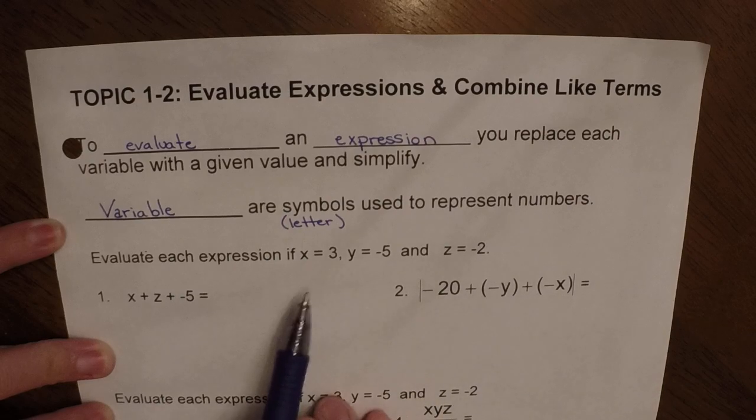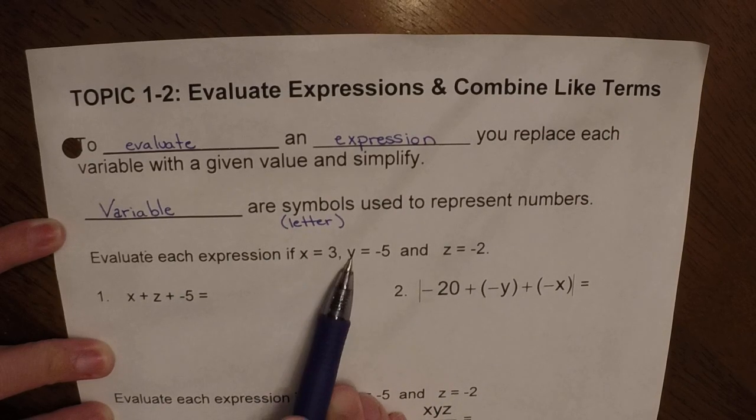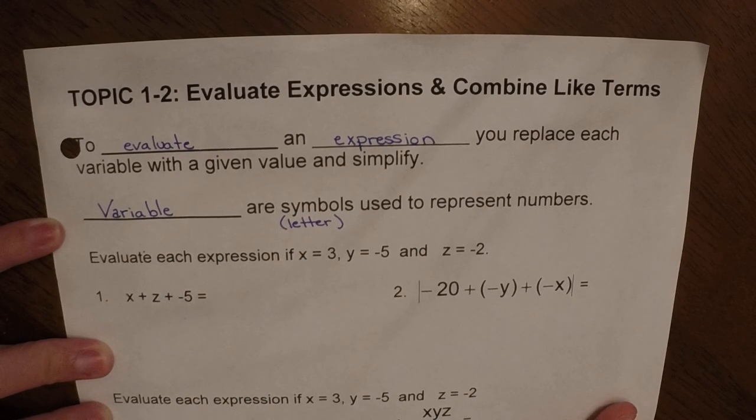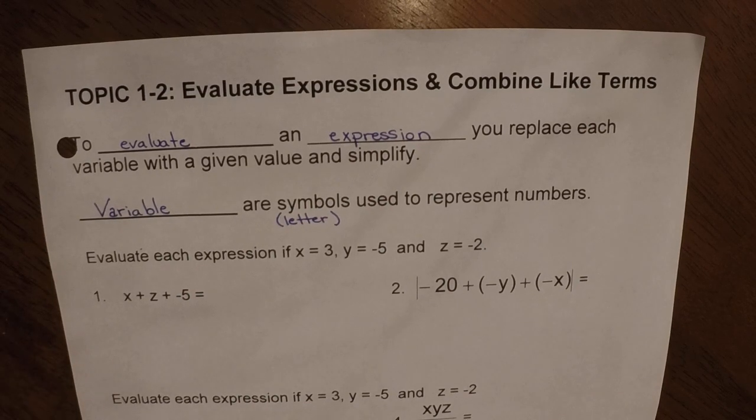But most commonly, we have x, y, z. You could have p or g or l or any letter of the alphabet, and that's considered a variable, something that could change, and it's used to represent a number. So let's look at how to evaluate some of these expressions.